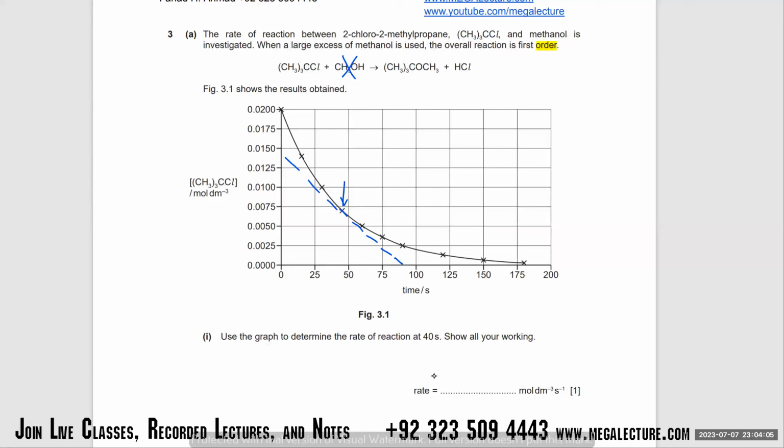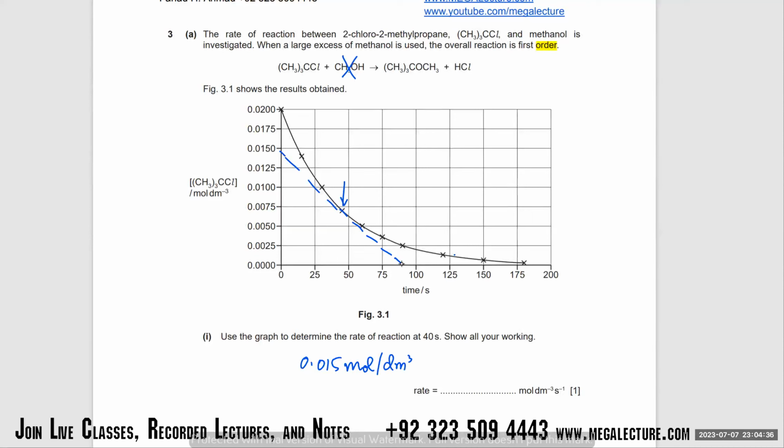Can you quickly tell me what the rate is by using this rough gradient? It's 0.015 divided by whatever this is. I think that's 90. So 0.015 mole per dm cube. Is the time 90?